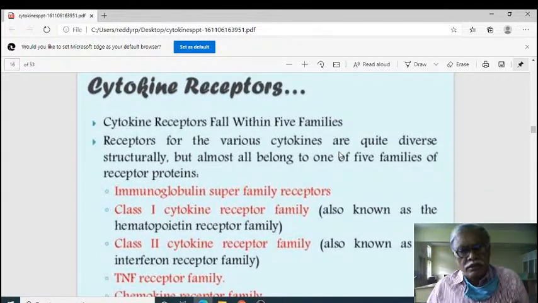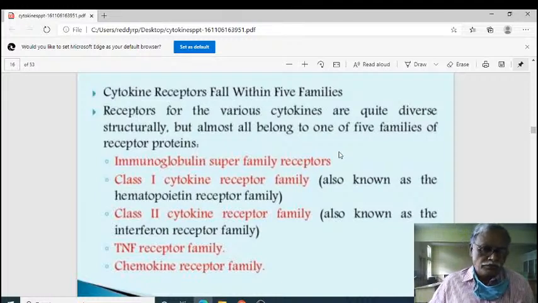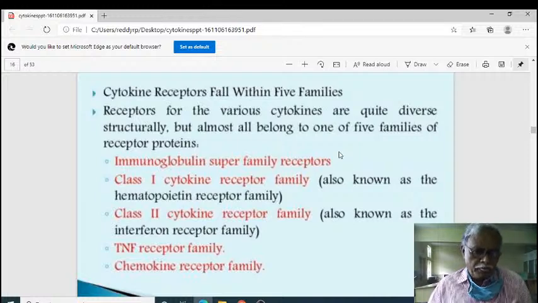The cytokine receptors fall within 5 families. The receptors for the various cytokines are quite diverse structurally, but almost all belong to one of the 5 families of receptor proteins.